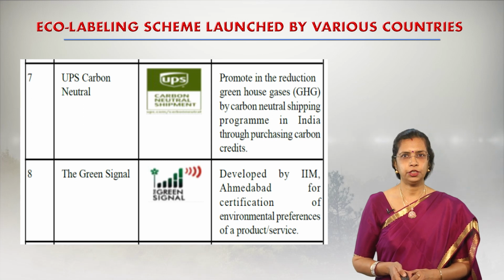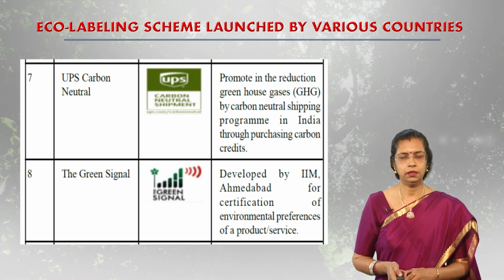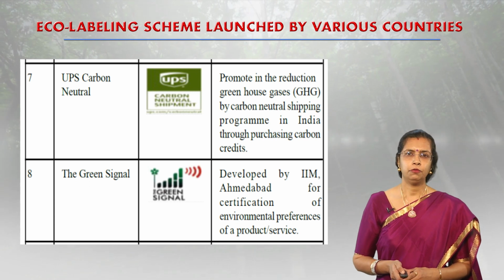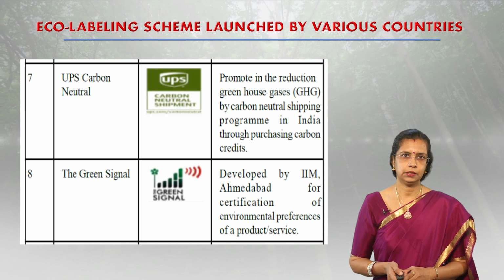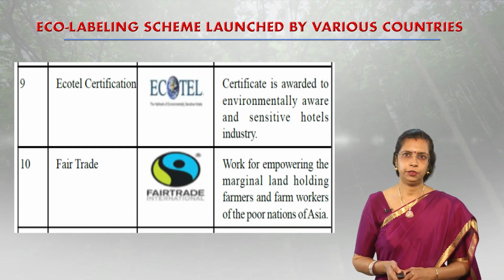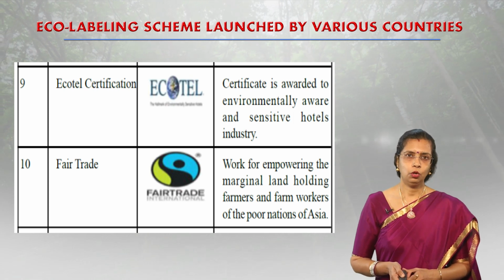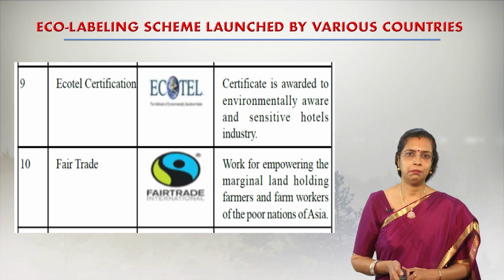This promotes the reduction of greenhouse gases by a carbon neutral shipping program in India through purchasing carbon credits. The Green Signal was developed by IIM Ahmedabad for certification of environmental preferences of a product and service. EcoTel certification is awarded to environmentally aware and sensitive hotel industries. Fair trade works for empowering the marginal landholding farmers and farm workers of the poor nations of Asia.